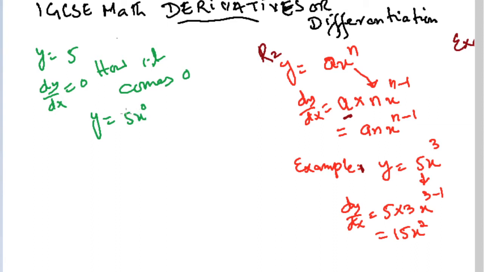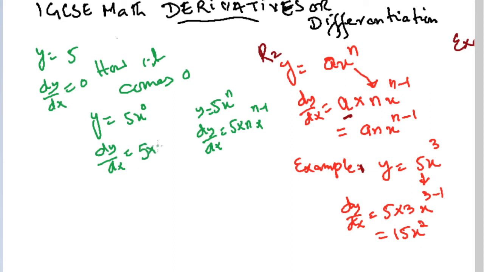Yes, of course I can. Now differentiate. So dy/dx is equal to, according to the rule, if we have 5x power n, then dy/dx becomes 5 into n into x power n minus 1. So similarly, we will do 5 into 0 into x power 0 minus 1.